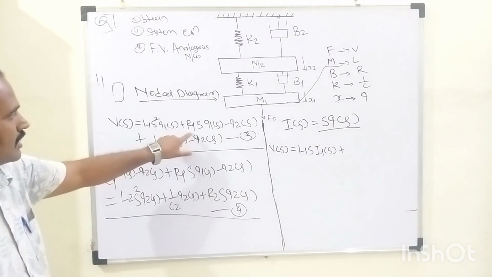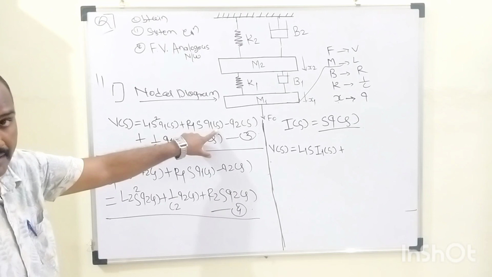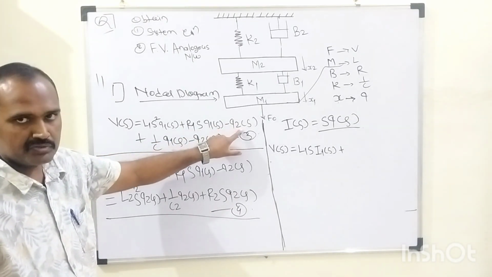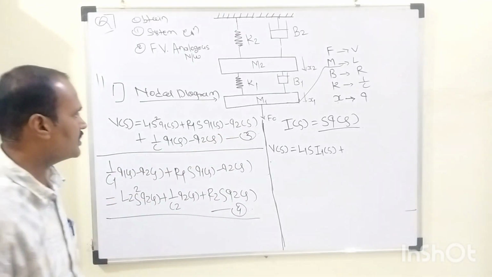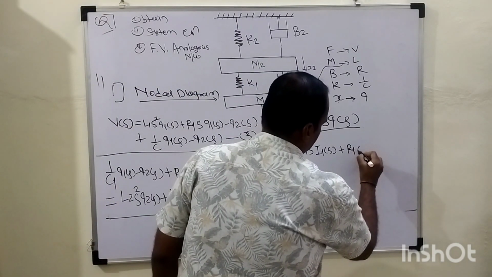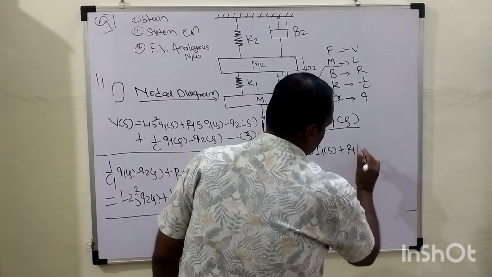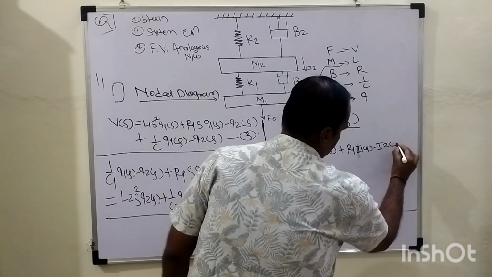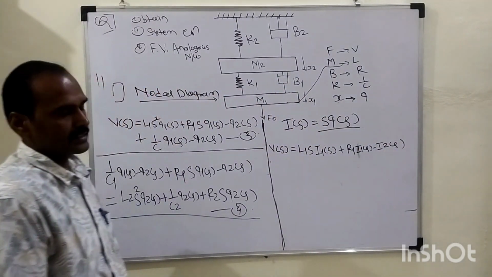R, as it is. S into Q of S is nothing but I1 of S. So it is Q1 of S minus Q2 of S, which will become I1 of S minus I2 of S. So it will become R1 into I1 of S minus I2 of S, right?